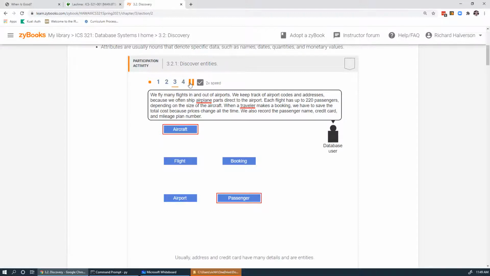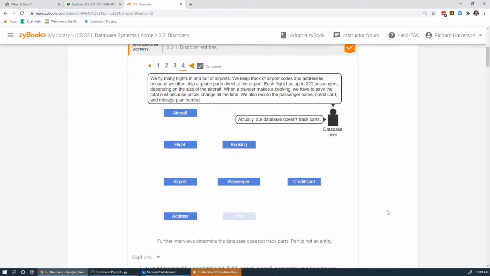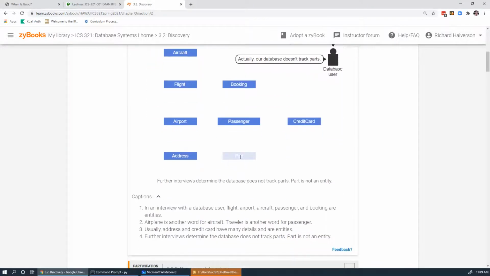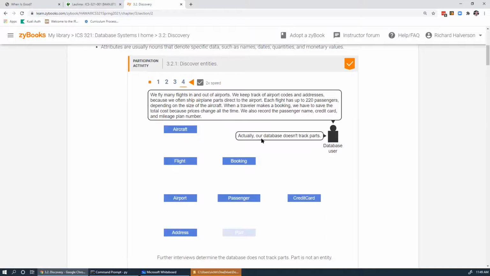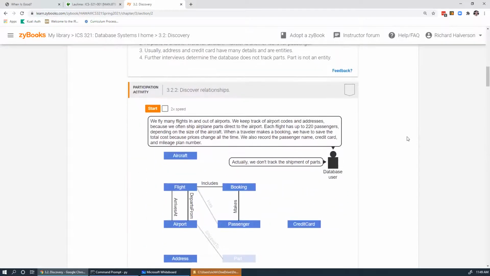Travelers, passenger, and then addresses, airport codes and addresses, and credit cards, parts. Wow. I wonder why that's shaded. Actually, our database doesn't track parts. Okay, great. Makes sense.